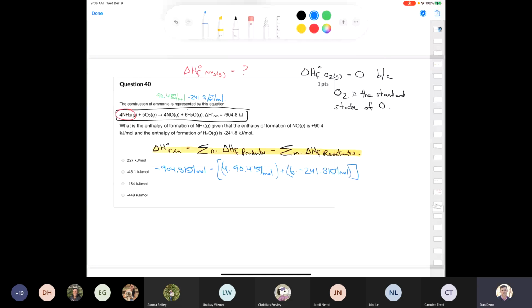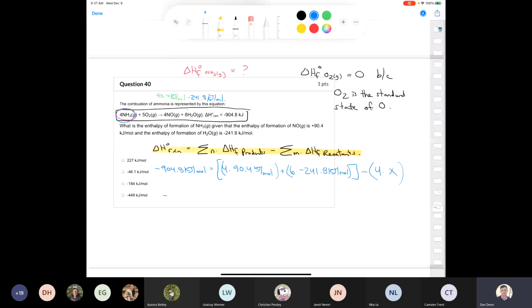And then we're going to subtract 4 times X. We'll call it X, and that'll be our heat of formation of our ammonia. So subtract 4X. Now it's just a matter of doing a little bit of algebra, nothing more than that. So I've gone ahead and simplified this quite a bit.